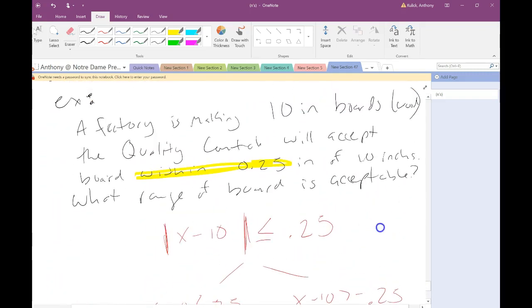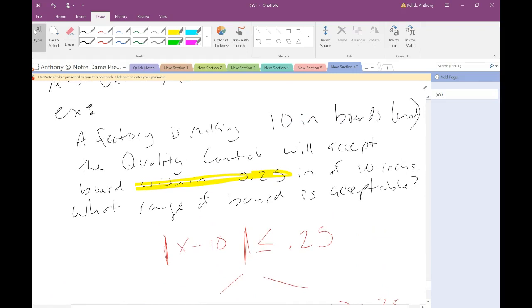A story problem with a greater than or equal to?